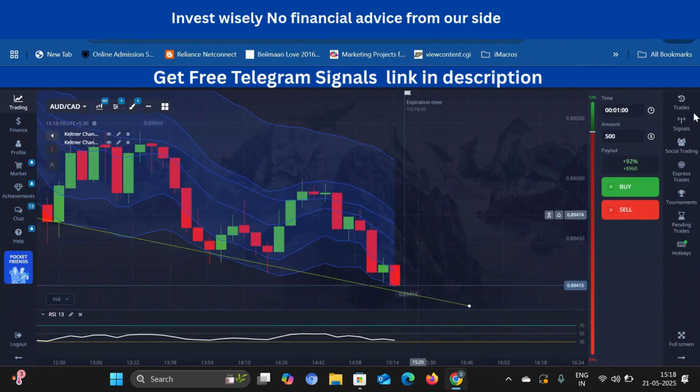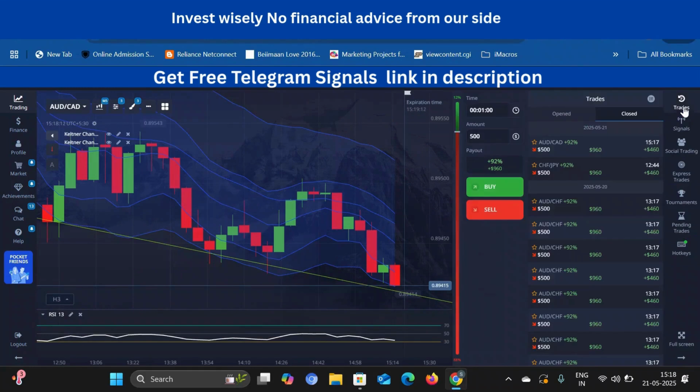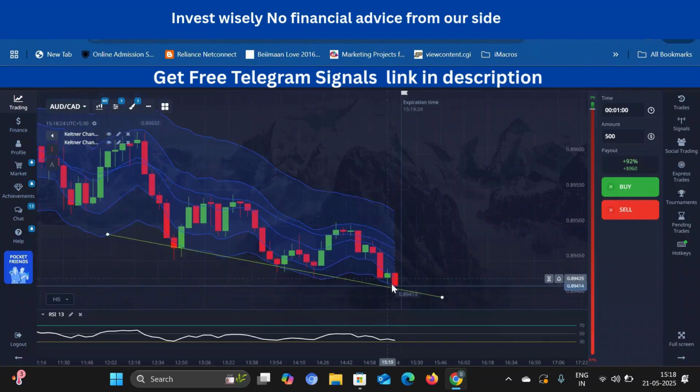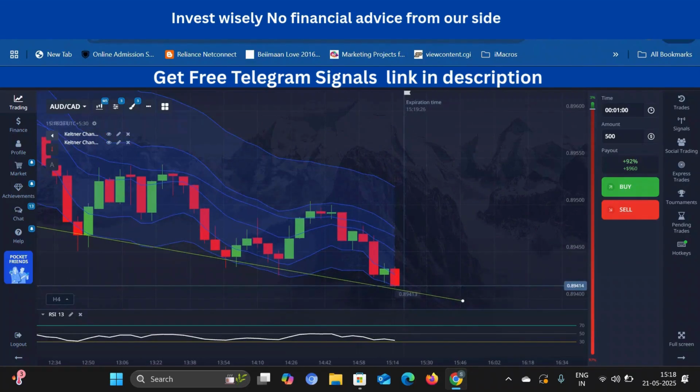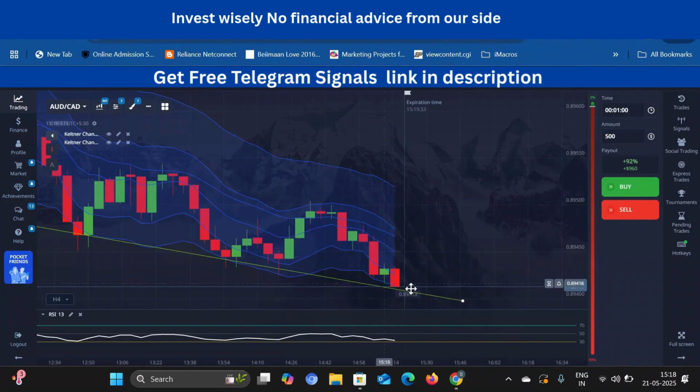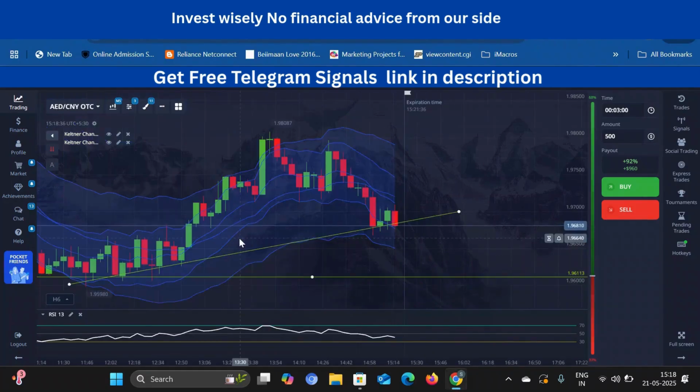Okay, so our very first trick actually worked, as you can see. It would be a little risky to take a trade here because it is very close to the support level, if you can see it, right? It's very close to the support level, and from here it could bounce back, so we need to wait a bit for confirmation here.